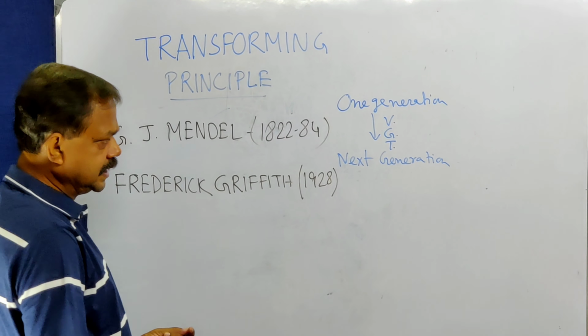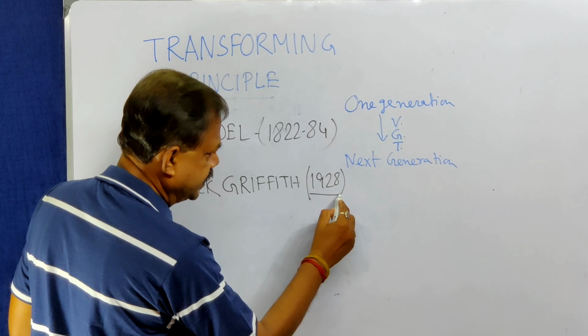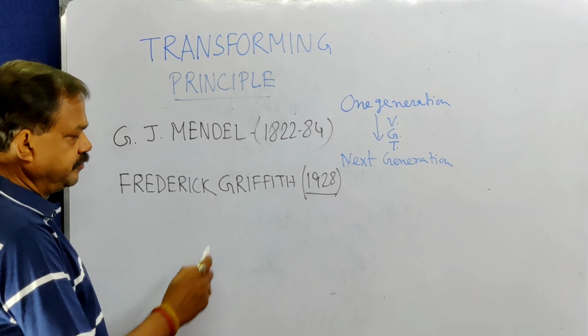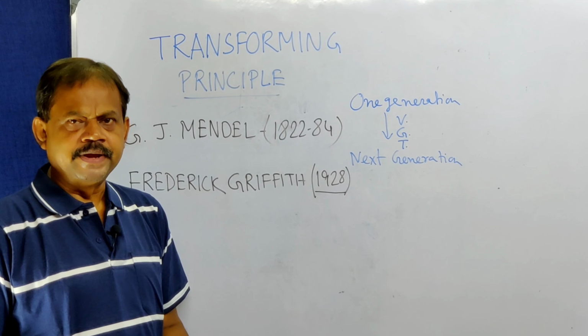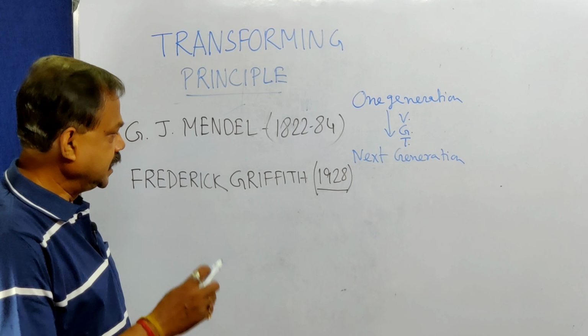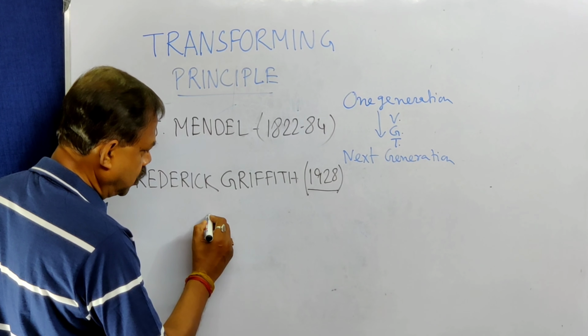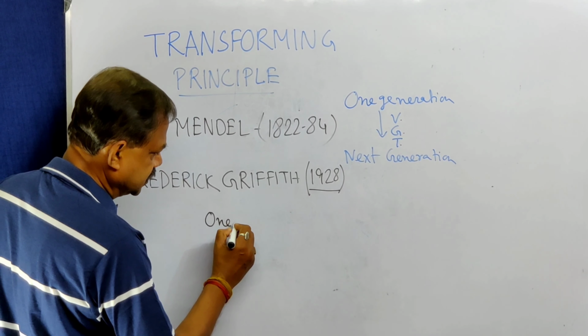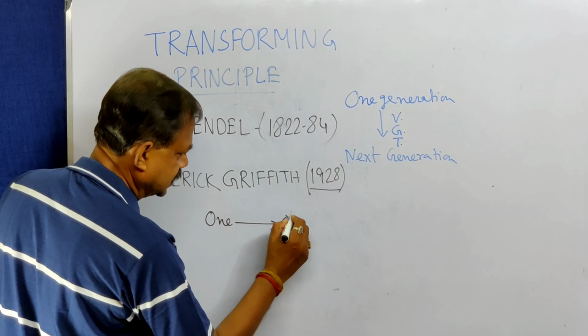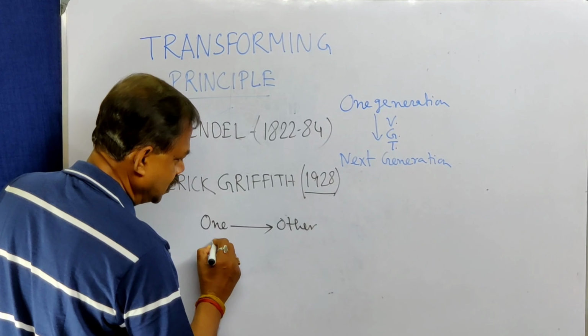Next, in the year 1928, Frederick Griffith performed one experiment on mice and he told that these genes are moving within the same generation, from one to another.